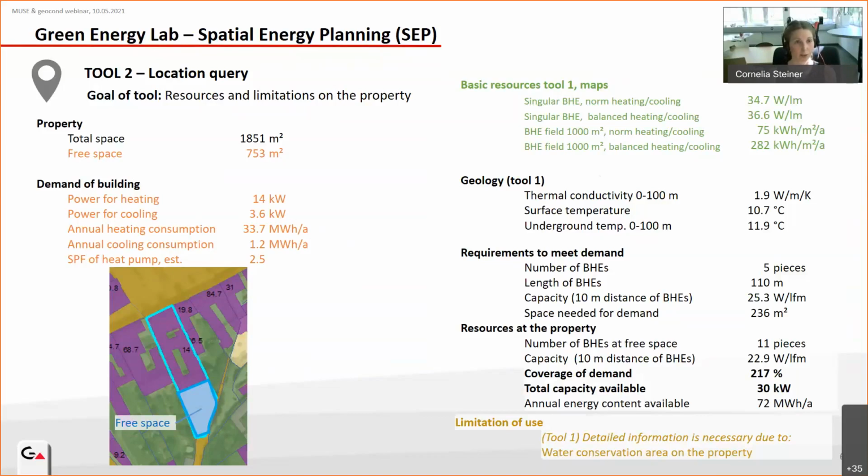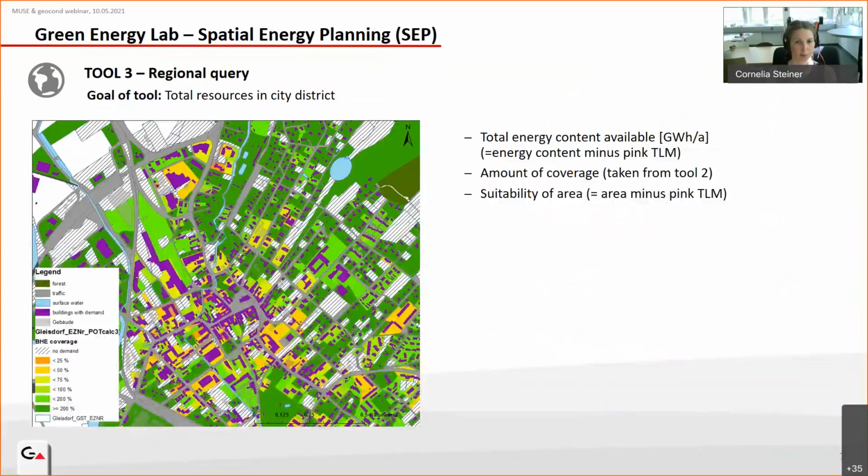And then we have one more tool, tool number 3. I only have some basic information for you at the moment, because it is still a little bit in development. So we are going to provide an overview of the total resources in a city district. This means we calculate the overall energy content that is available.